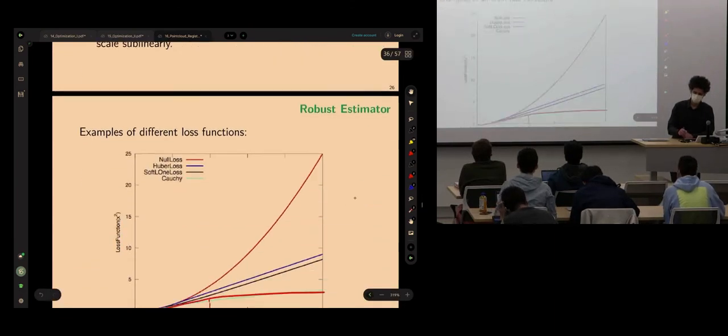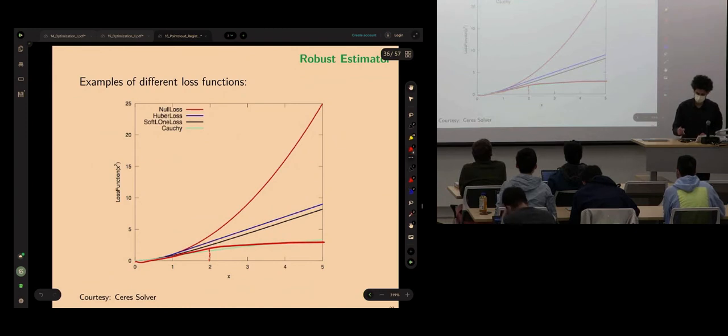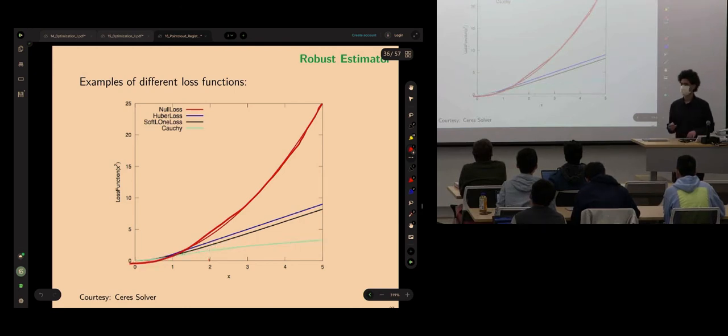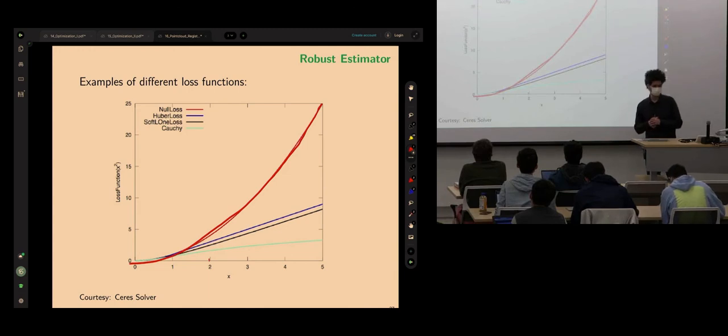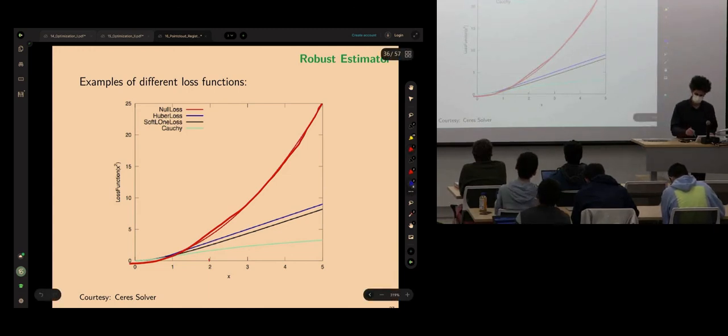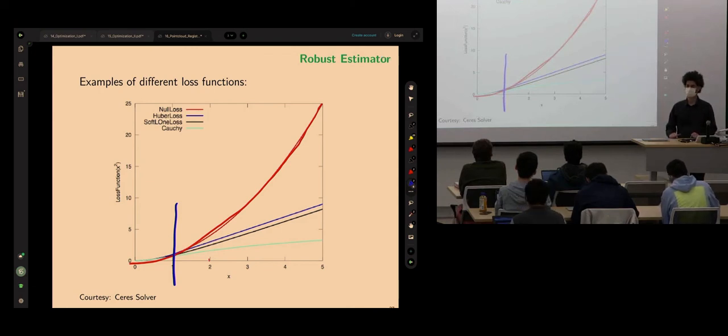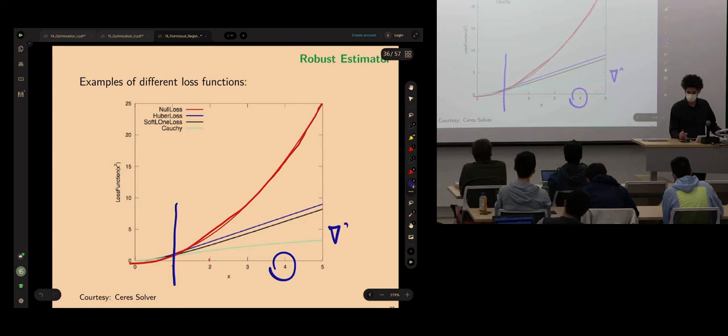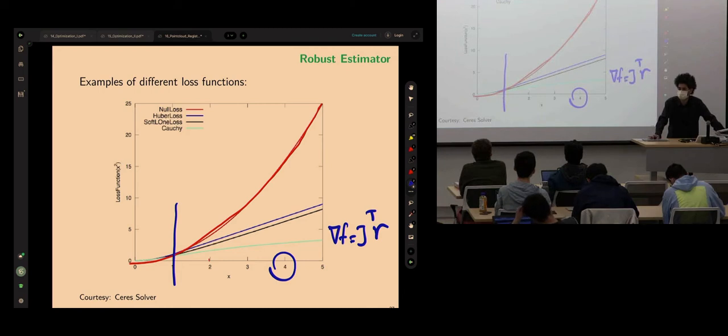But what all of them have in common is that instead of no loss that moves quadratically as the gradient grows, the role of this robust loss function is, at some point, to start bending the quadratic loss, because when the residual is large, in the least squares problem, as we talked about, the gradient of the objective function is the Jacobian transpose times the residual. The gradient will be very large.